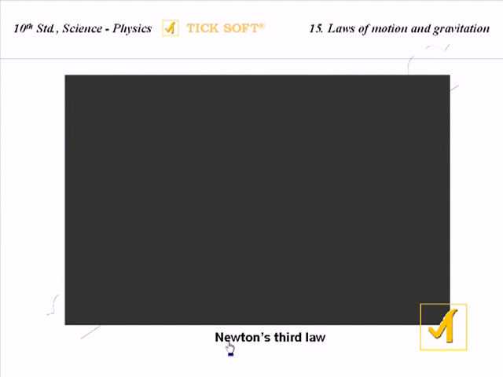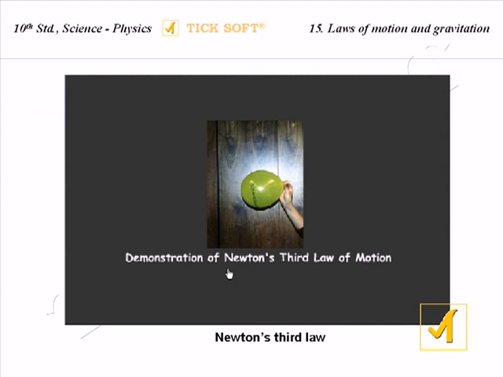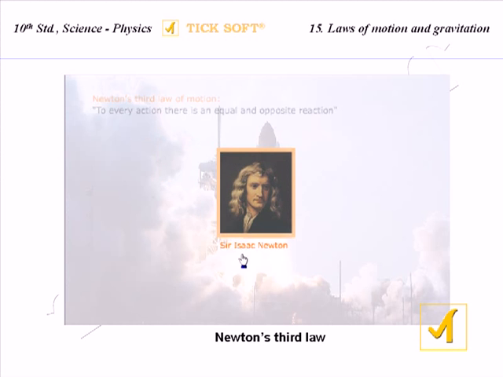Here we see the animation of Newton's third law. Demonstration of Newton's third law of motion. Newton's third law of motion states that to every action there is an equal and opposite reaction.